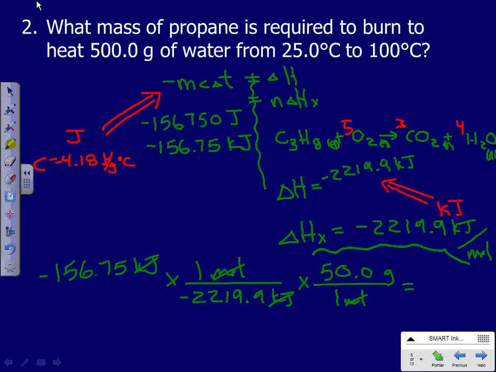So that, in the end, will do it for us. What do we have for the mass of propane needed? So we're just doing our regular conversion factor business here. I was wondering, 50 seemed a little funny to me. 44, I don't think my eraser works, so I'm going to scribble that out into a 44.